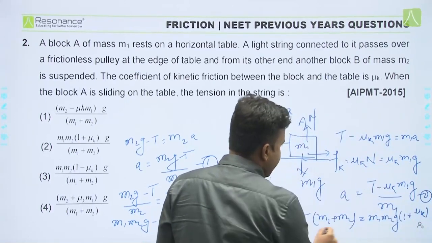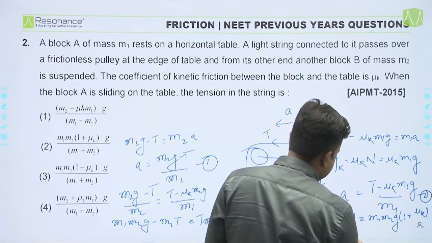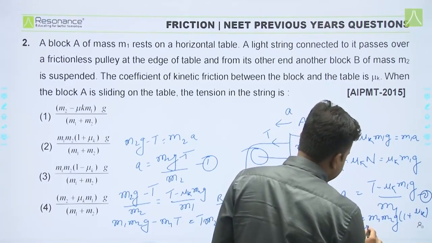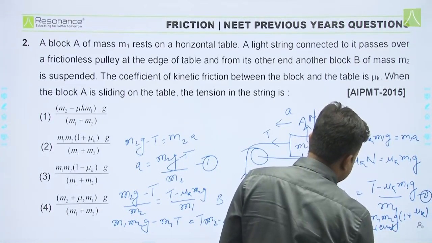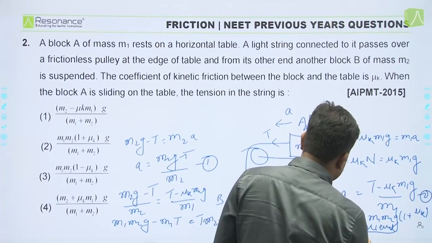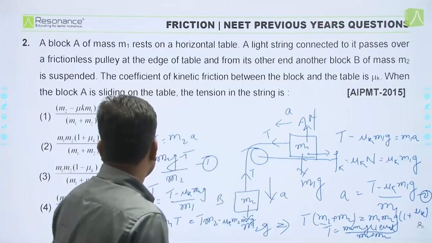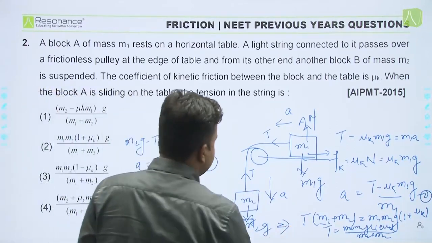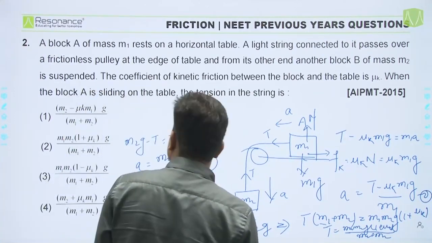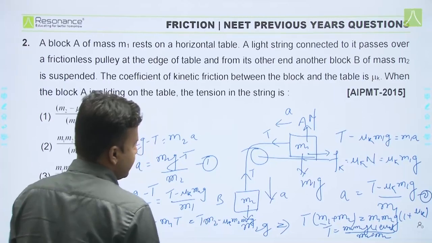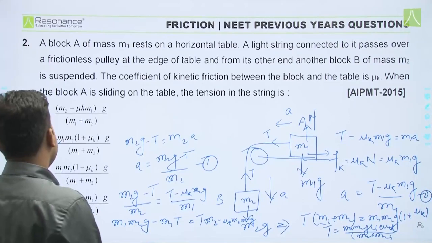From here the tension equals m1 m2 g into 1 plus mu k divided by m1 plus m2. So which one is the answer? m1 m2 g into 1 plus mu k divided by m1 plus m2. I think it's matching with the second option, so this one is the answer.